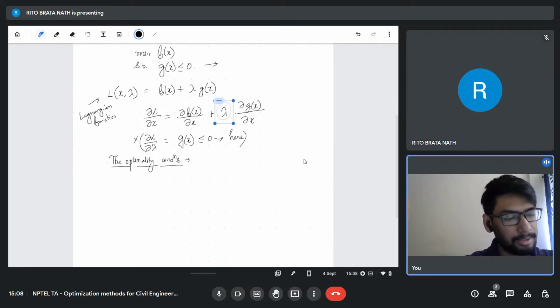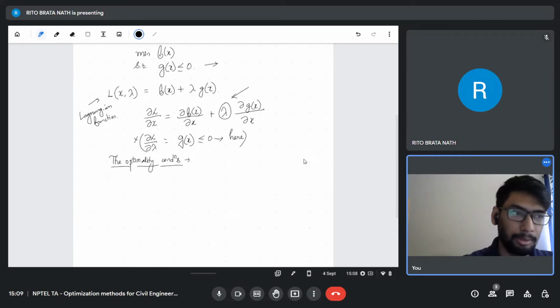Sir showed this in the class by taking a direction, say grad of f(x), multiplied with a vector, say s. If these lambda values are positive or zero, then you have reached optimality.